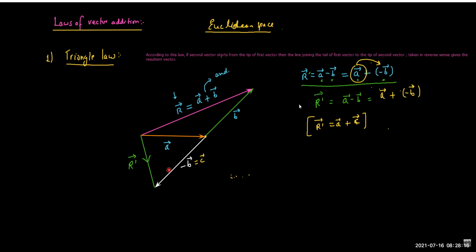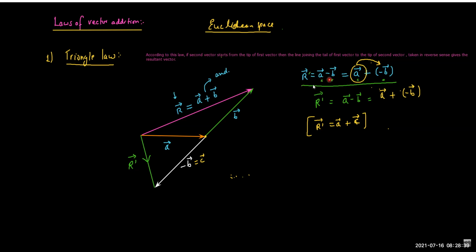So A and minus B I have drawn. What is the resultant of these two? The resultant will be the line joining the tail of the first, as per the definition, to the tip of the second. Tail to tip. That's why we are calling this R dash, because I have changed the name. But this is not the resultant of A and B, it's something else.